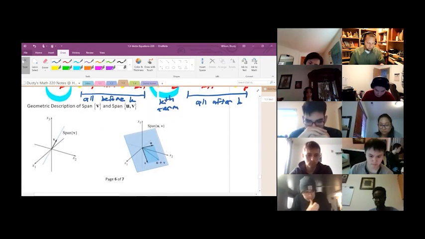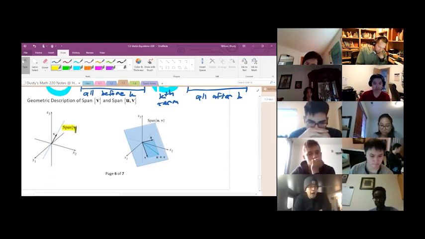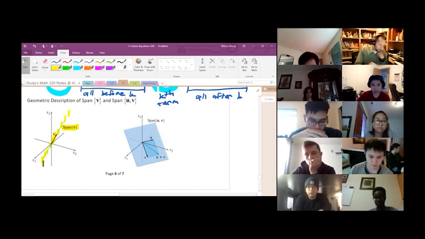So let's talk geometrically about span. If we're looking at the span of V, and our V is just right here, then the span of V would be everything that's on the line.